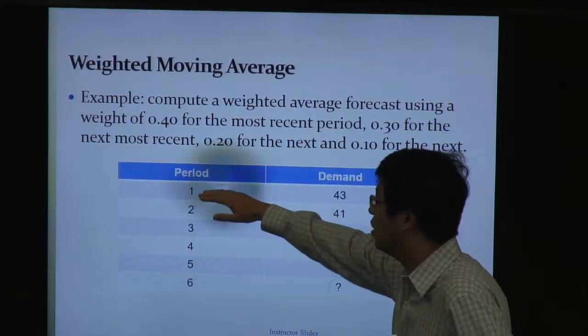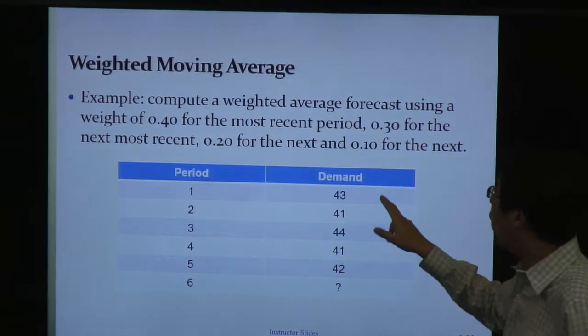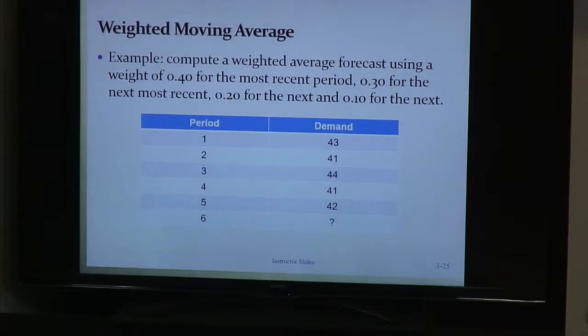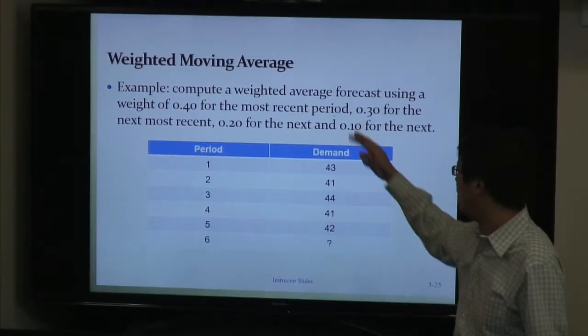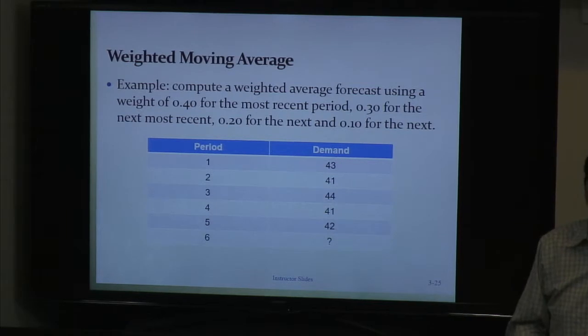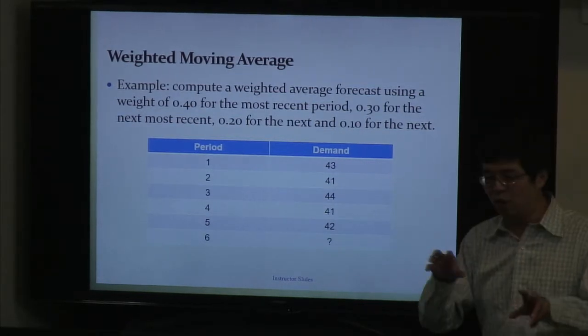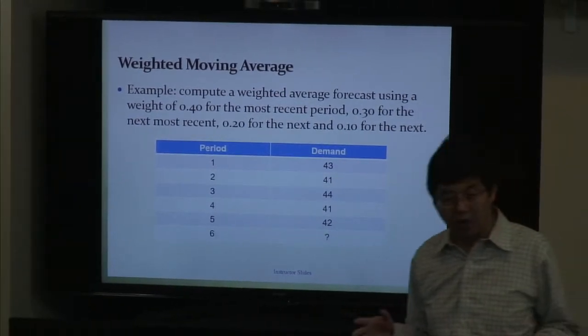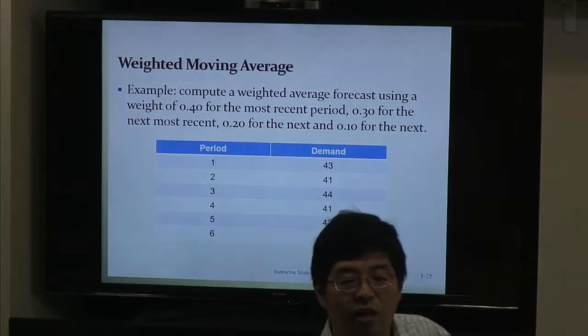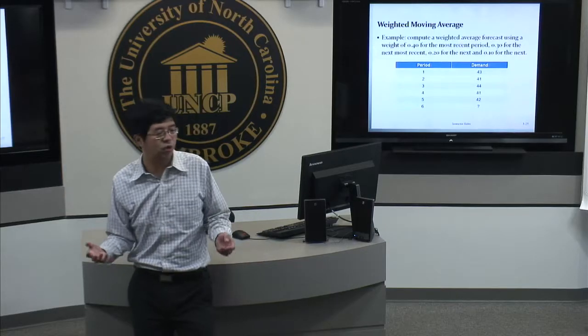Well, in this example, you can see period 1's data is useless. The reason is that we don't need period 1, because only 4 weights are assigned to the last 4 time periods. I like this example because, as we have discussed, in reality, most likely you will have a lot of redundant data. Your manager can throw you like 2 years of data sets.